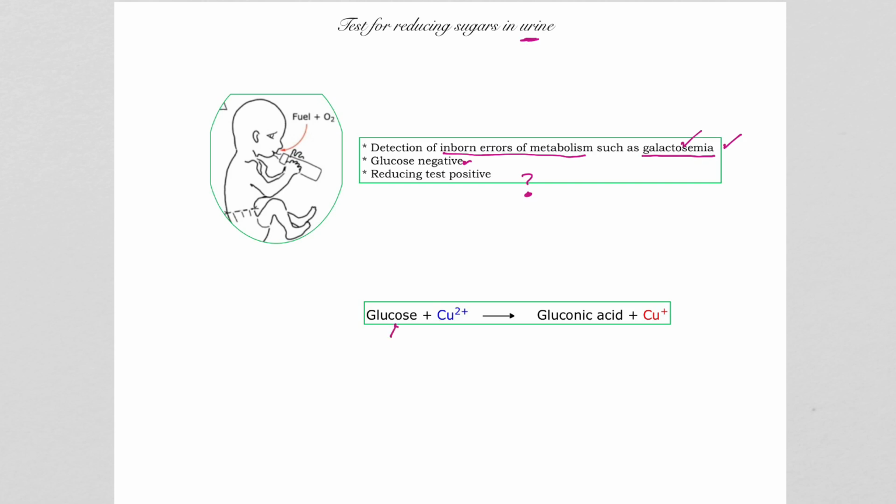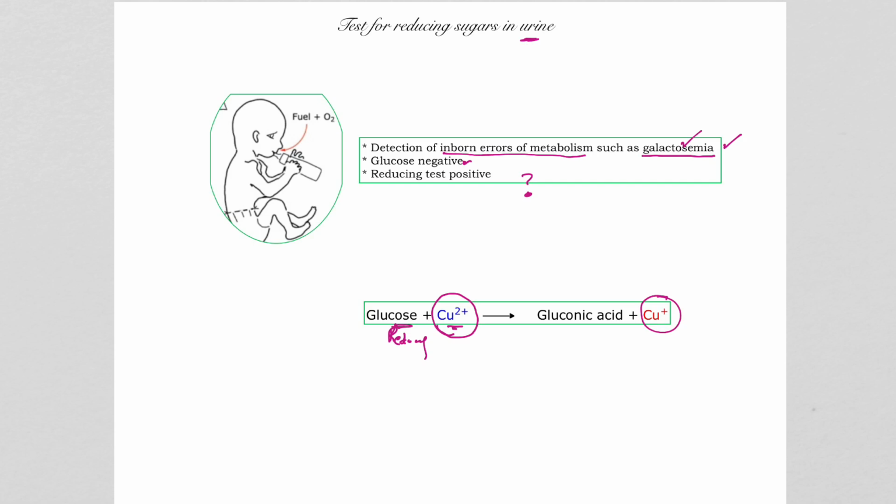And the test is actually very simple and very cheap. Any reducing agent, anything that's reducing, so for example, glucose is a reducing sugar, it will react with copper 2+, the cupric ion, which is blue in color. You can see it's blue in color. And when that reaction happens, you get red cuprous from Cu+.